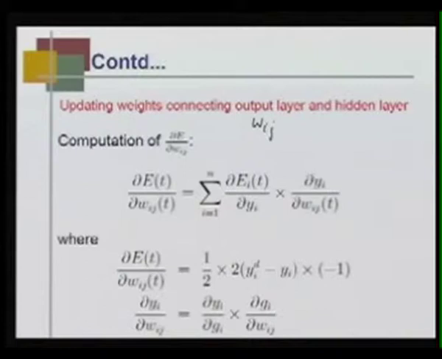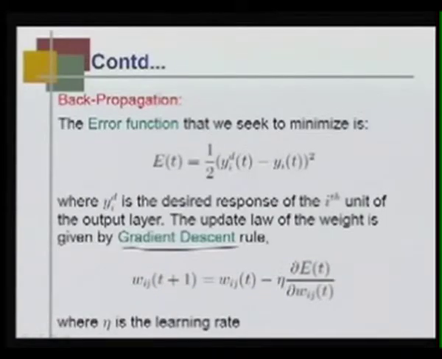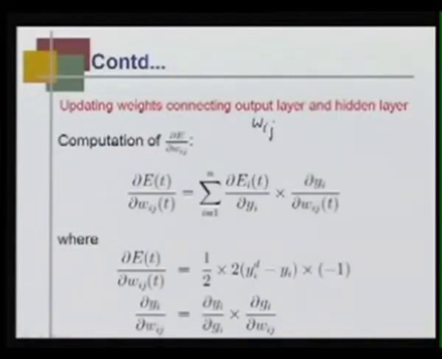What we derived is that to compute the weight update in w_ij, we need to compute ∂E(t) upon ∂w_ij, and that gives me the formula ∂E_i(t) upon ∂y_i into ∂y_i upon ∂w_ij. How do I compute this?